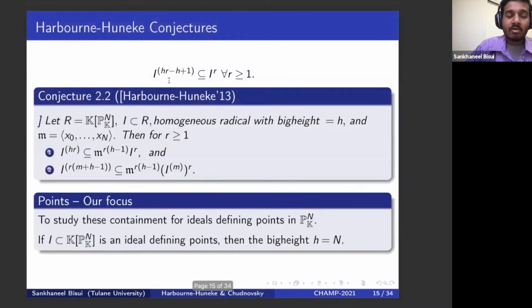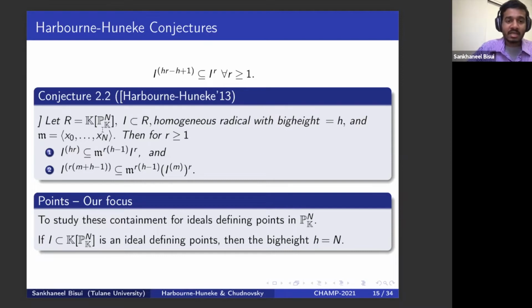And with that conjecture, Harbourne and Huneke strengthened it by including an appropriate power of the maximal ideal on the right hand side.